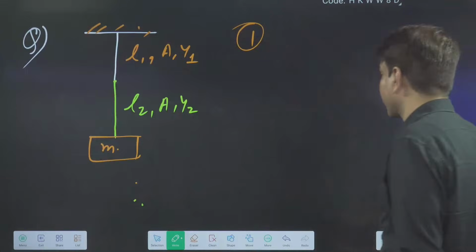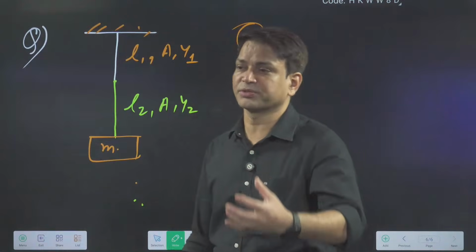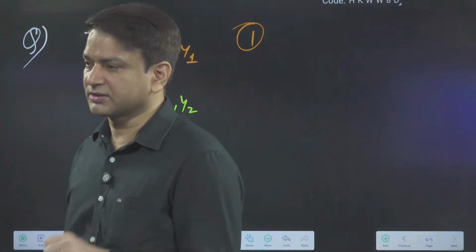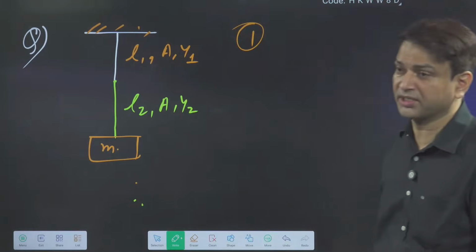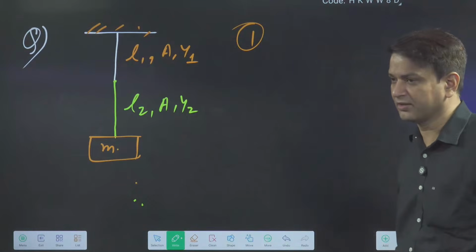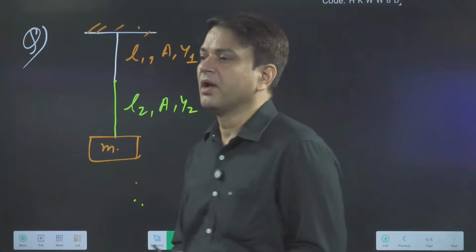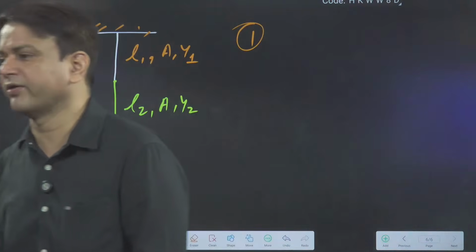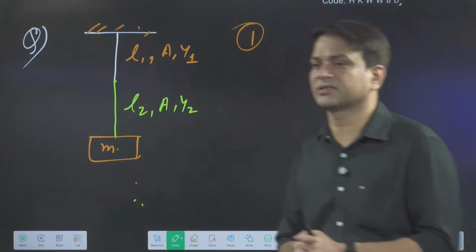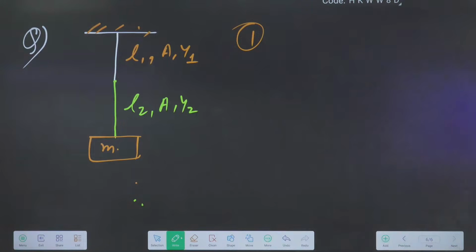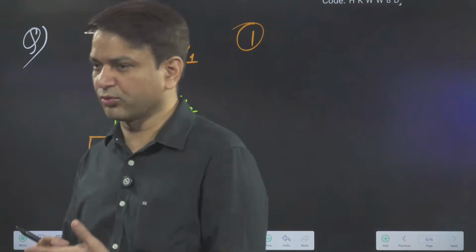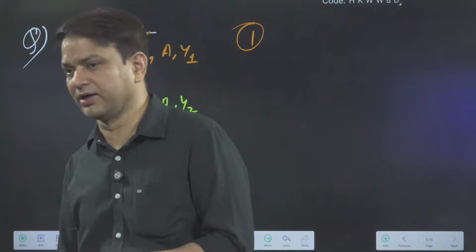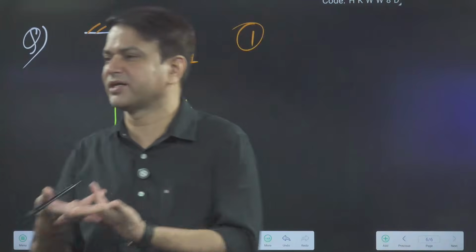Now first question I'm asking, I'm giving the option, you will say the answer. Stress in both wires will be same, one option. Second option, stress in both wires will be different. Third option, can't determine, which means data is insufficient.